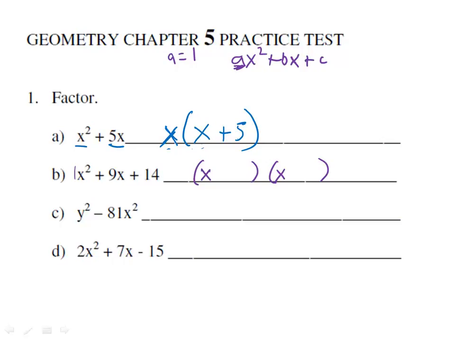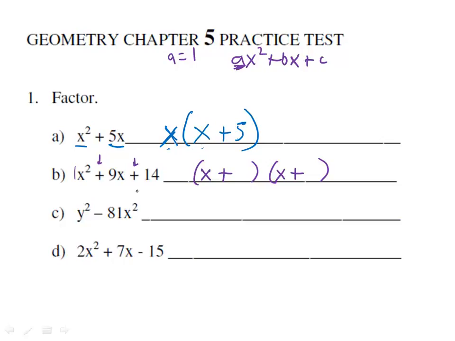Second thing, the pattern here, if I have a trinomial that's got two plus signs, then my binomials are plus signs. I should point out that it's not the same thing if both these signs are subtraction signs. That does not mean that both the binomials are subtraction. If they're both subtraction, you got one of each.